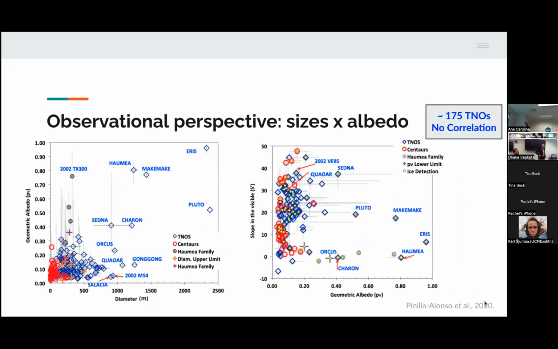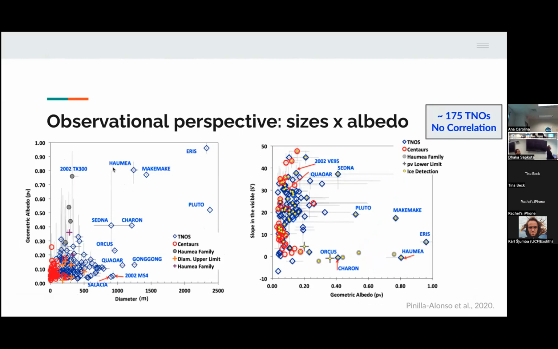What else do we know? We know about the geometric albedo. The albedo can be understood as the ability to reflect light. So if an object has a low albedo, it is a dark object. But if it has a high albedo, it is a very reflective object, a very bright object. Here we have the albedo versus the diameter.